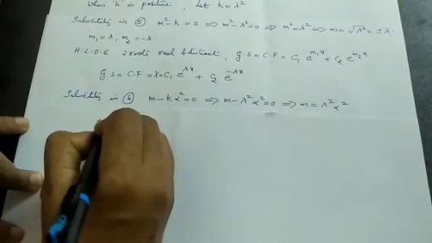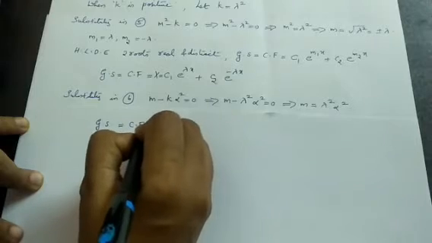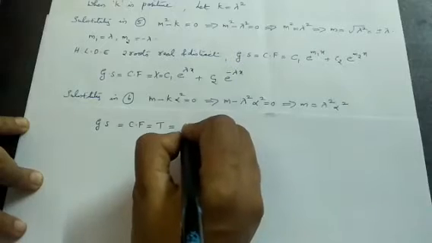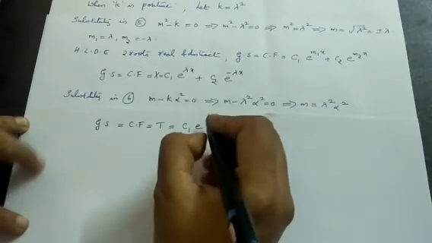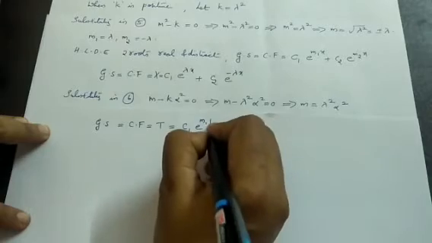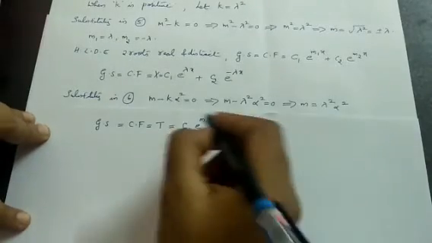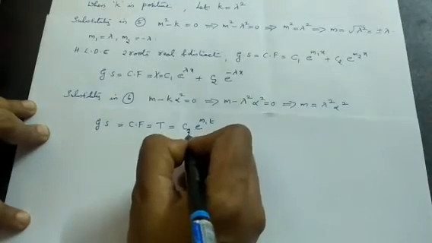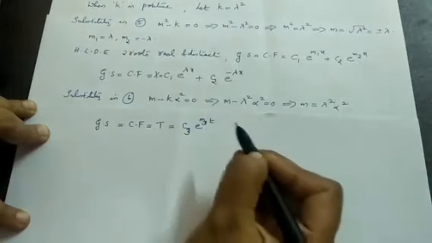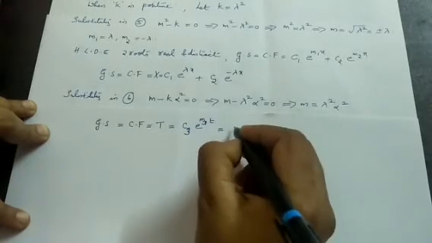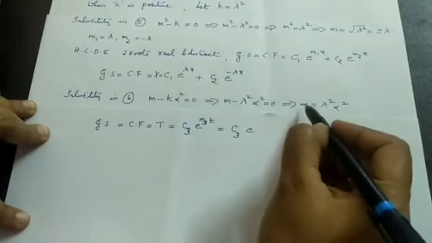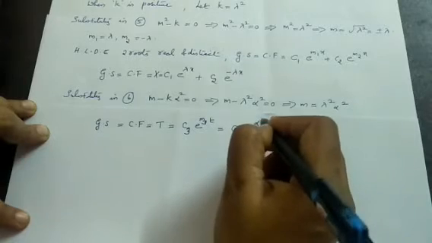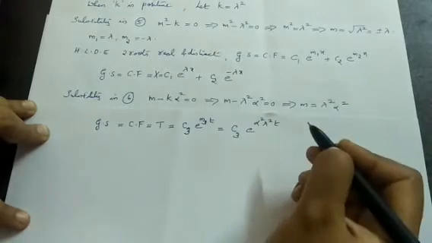Therefore, the general solution or the complementary function can be written as t equal to c1 e raised to m1t. Here we have already used c1 and c2, therefore here we can take c3, then m3. That is c3 into the only one root, lambda square alpha square, therefore e raised to alpha square lambda square t.